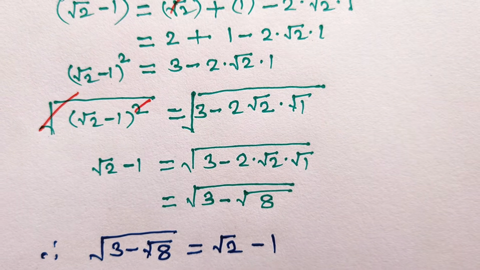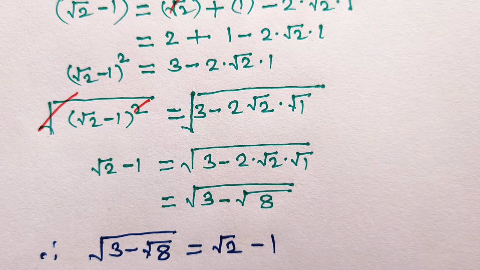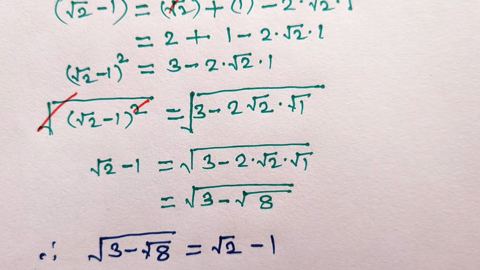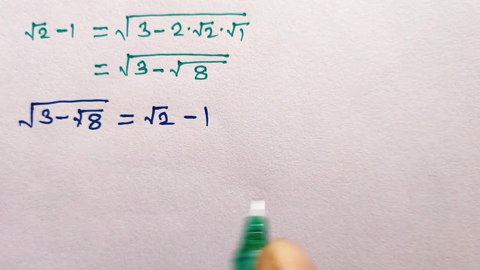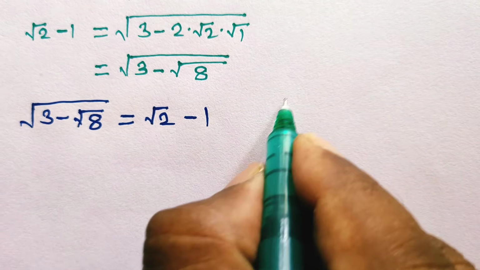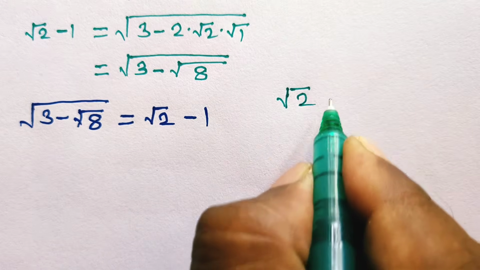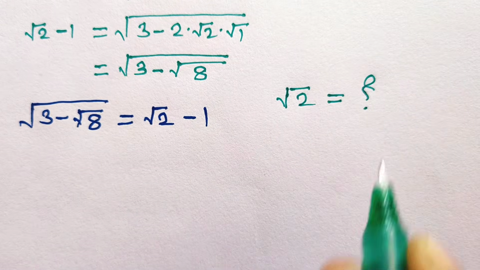Now we can find square root of 2 applying synthetic division method. Hence square root of 2 is equal to, we have to find out square root of 2.